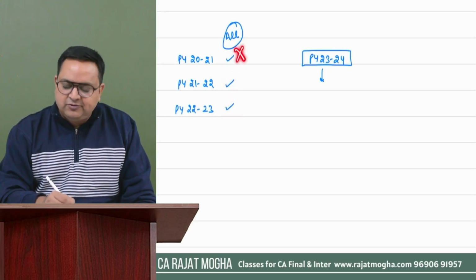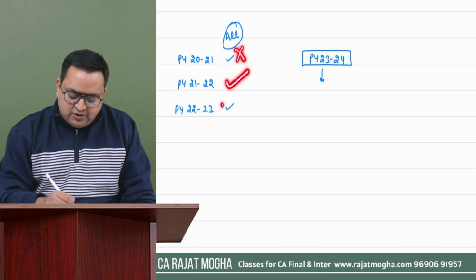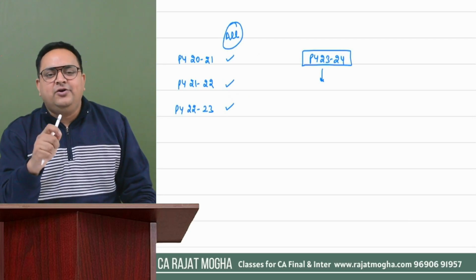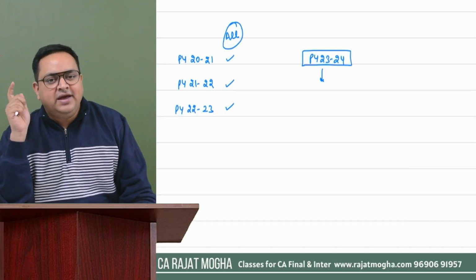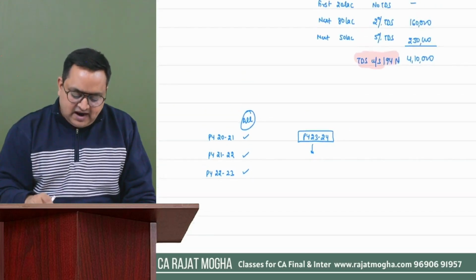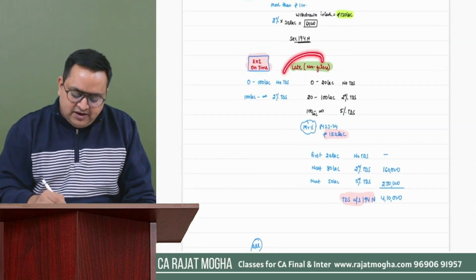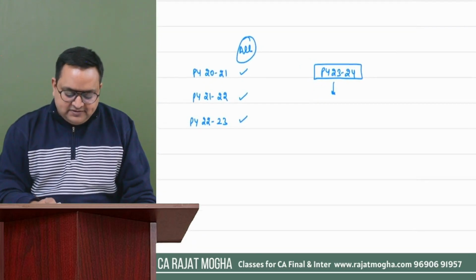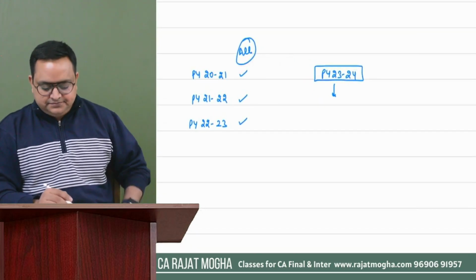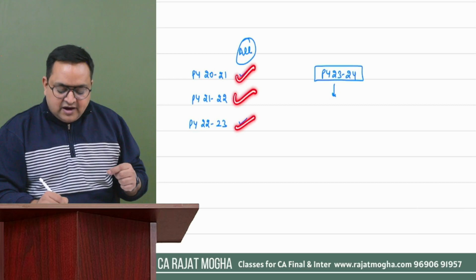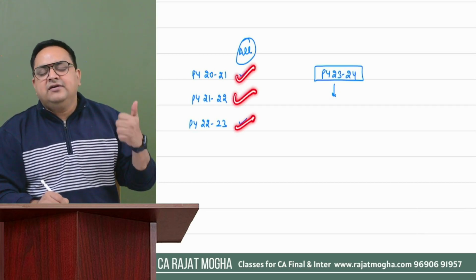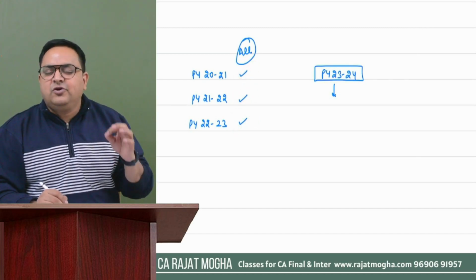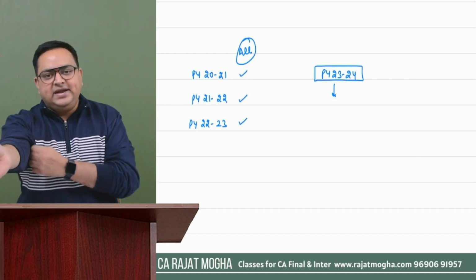So if even one single return was not filed on time, this person will fall in the non-filer category. So in that case, this person will fall in late filers, or I can say the non-filers category. Got it? So how will you see? You will see the last 3 years. If all 3 years are filed on time, we will give them the 1 crore limit. But if any of the returns was not filed on time, we will give them the 20 lakh rupees limit.